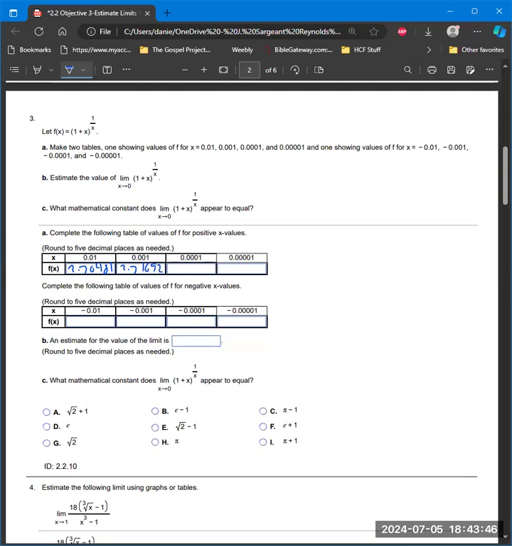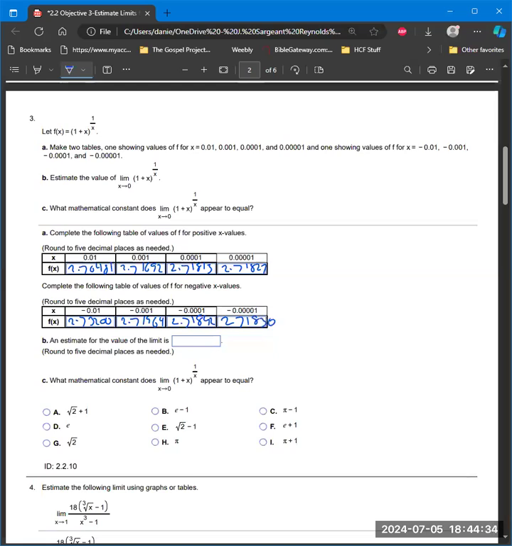2.71692. 2.71815. 2.71827. Then on the other side here, we have 2.73200, 2.71964, 2.71842, and 2.71830.